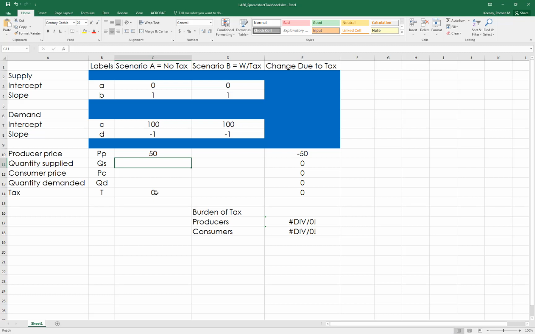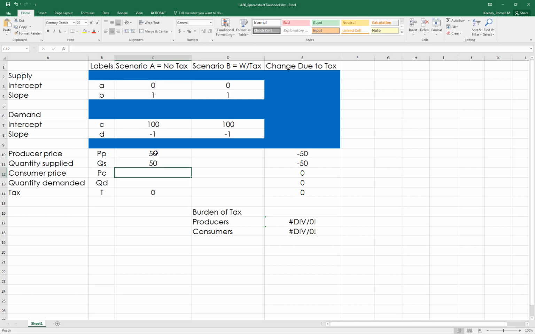So now for the supply equation, we need to just fill in the supply equation, and the supply side of this market responds to the producer price, so we'll have to use that particular price variable. So we'll just go equals A, or C3, plus B times the producer price.